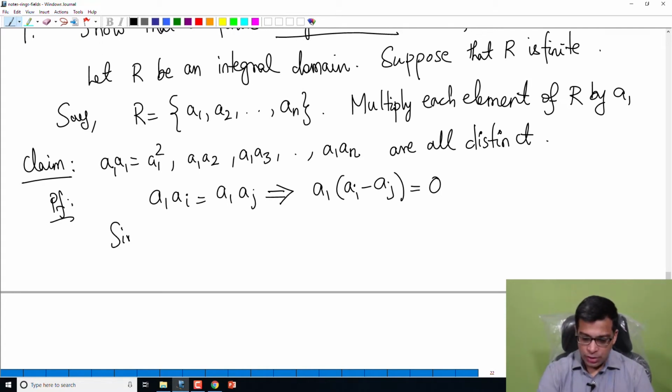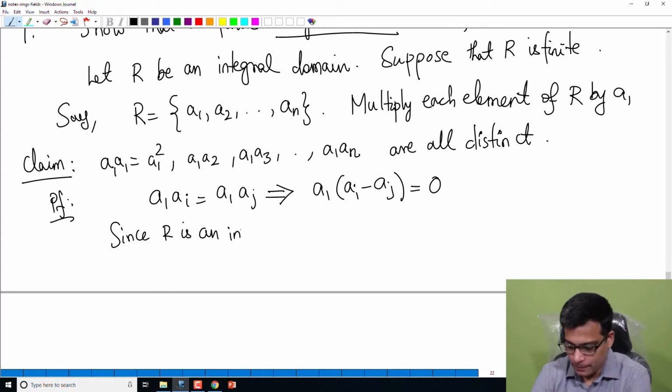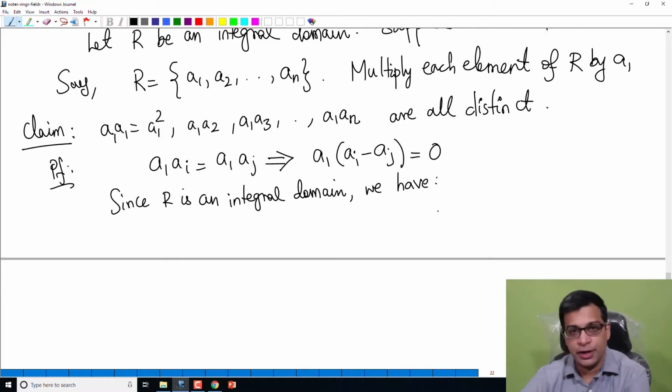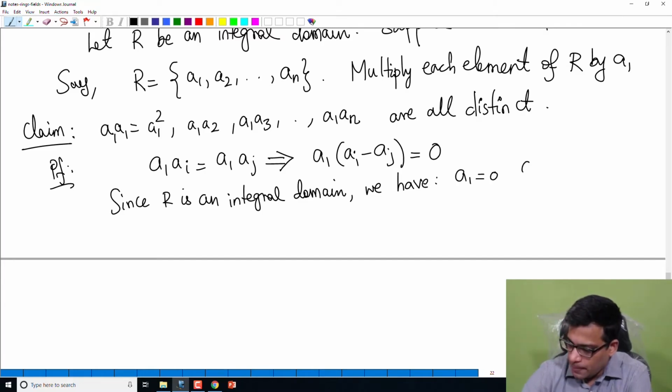But now, since R is an integral domain, one of the equivalent properties of an integral domain is that if you have two ring elements whose product is 0, one of them is 0. So A1 is 0 or AI minus AJ is 0.